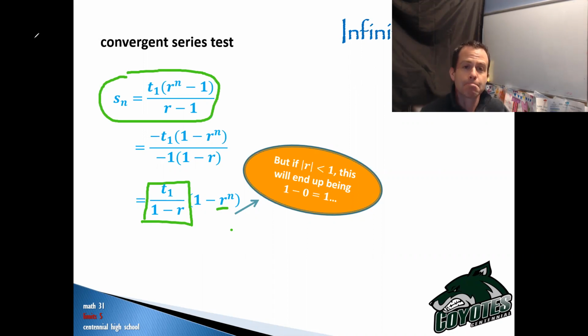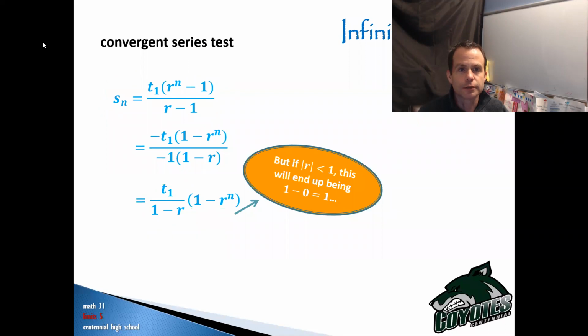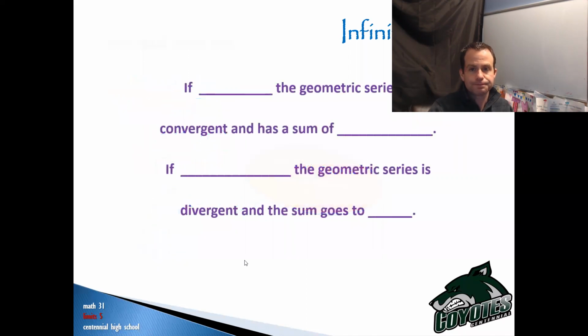That's really, really cool. I know you're sitting at home right now and your heart is racing because you're so excited about this. It's good. Okay, let me clear my drawings there. So I end up with t1 all over 1 minus r.